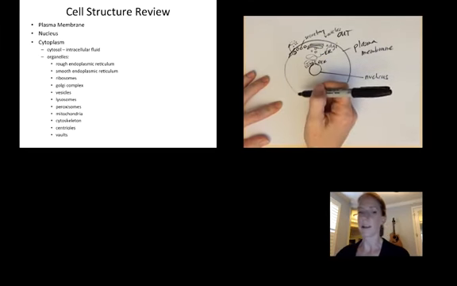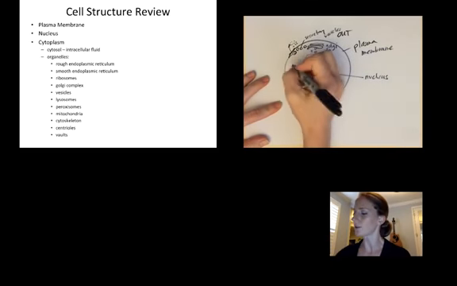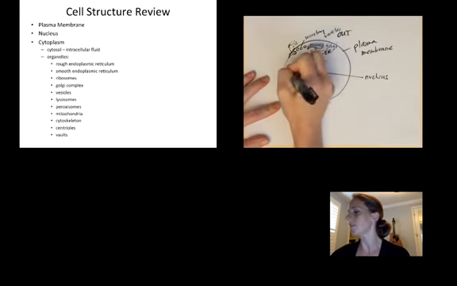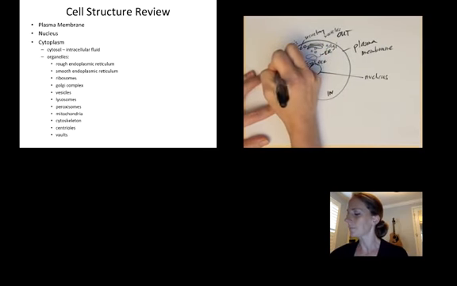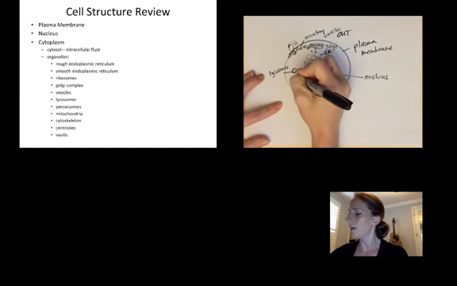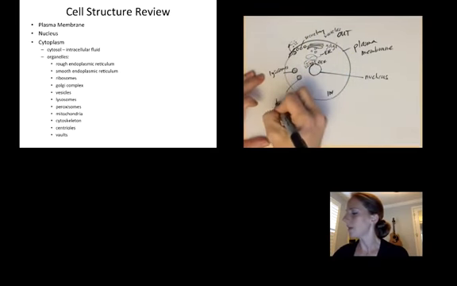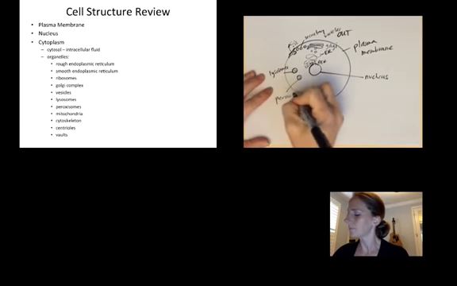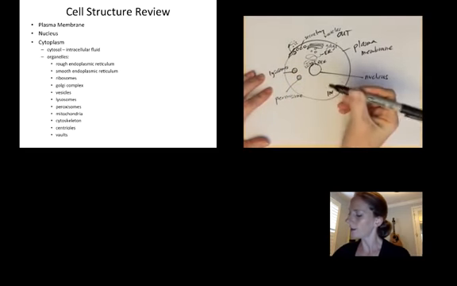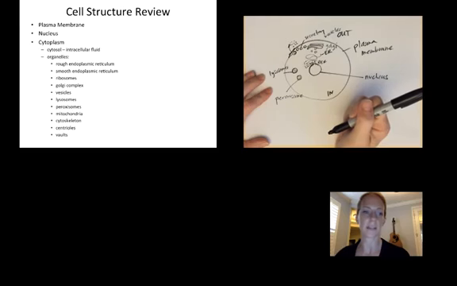Two examples of organelles that are made up of large vesicle-like structures are lysosomes, which are filled with digestive enzymes, and peroxisomes, which will be filled with oxidative enzymes. They look very similar, and the difference is what is inside.